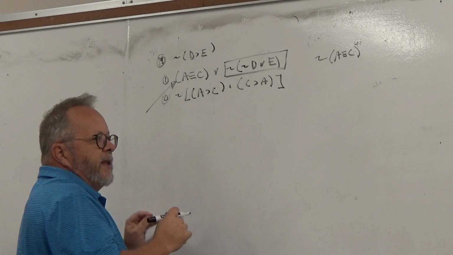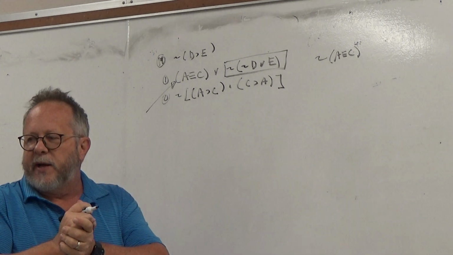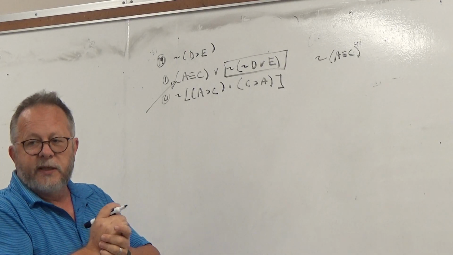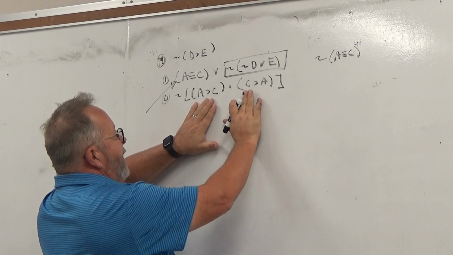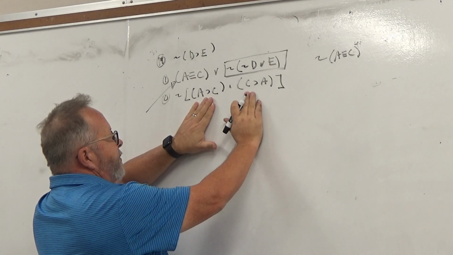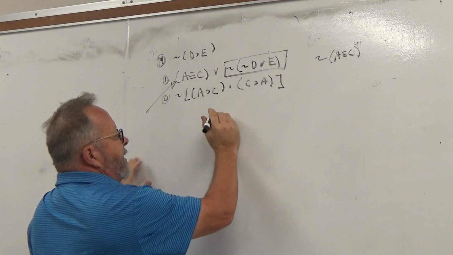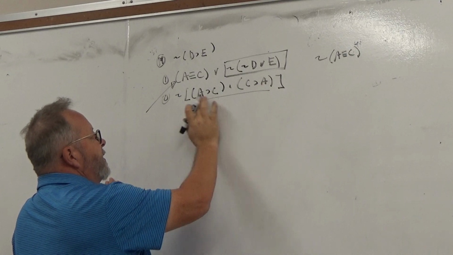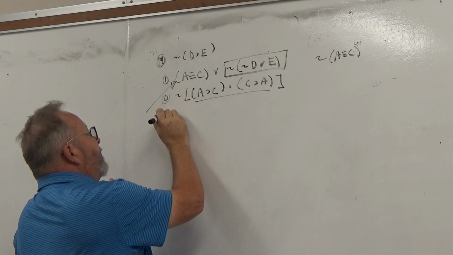So the only rule that lets us create a biconditional is material equivalence. So you look at that rule and then you realize that this can be turned into A if and only if C. Okay, so I'm doing material equivalence just on this. So that means we keep the negation sign.